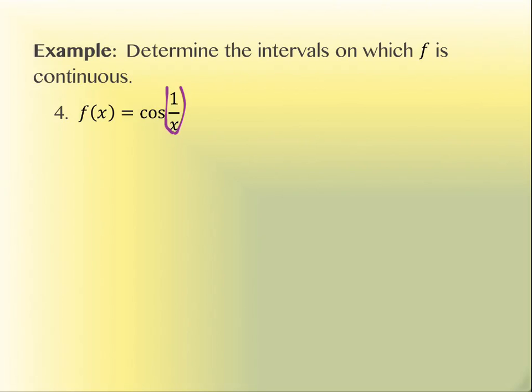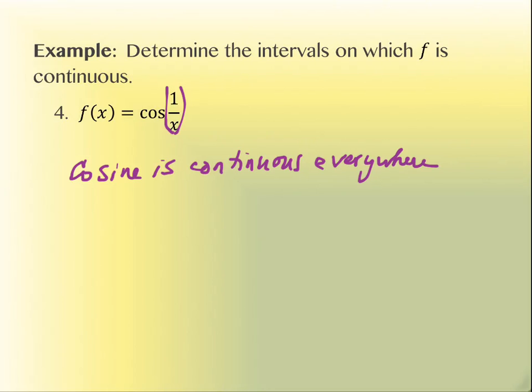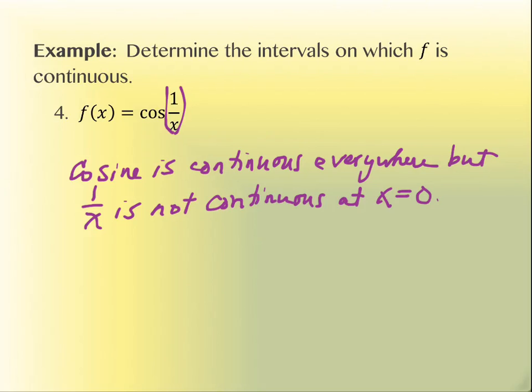So we're going to write down a little bit of what we've just said so that when you look back at this, you'll remember what the deal was. Cosine is continuous everywhere. But 1 over x is not continuous at x equals 0.